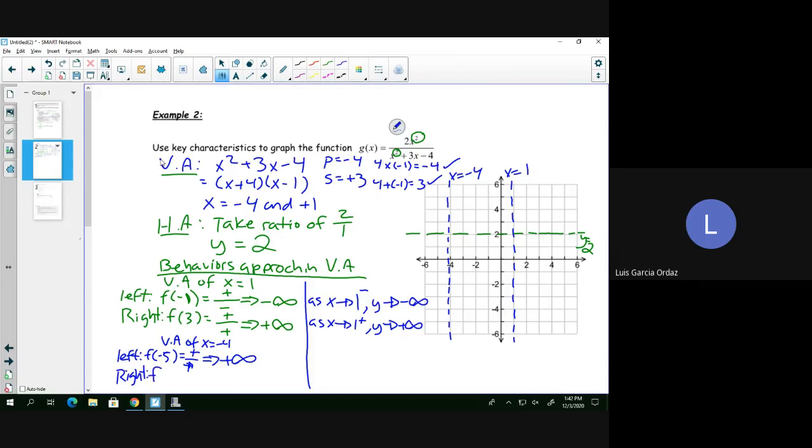What's to the right of -4? We can use a number that we used in the first example, or we can use -1, but both of them work. So let's take f at -1. If we sub in -1 for x, what do my numerator and denominator throw back?